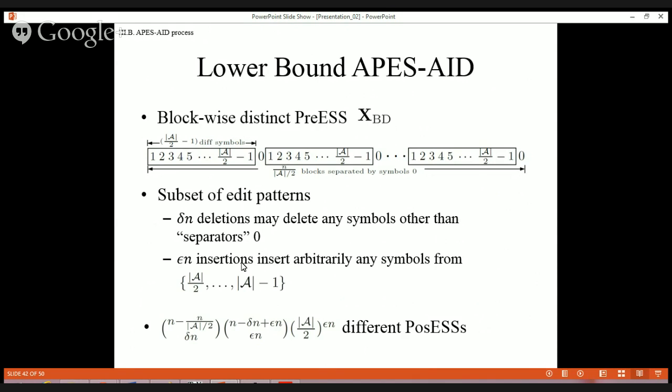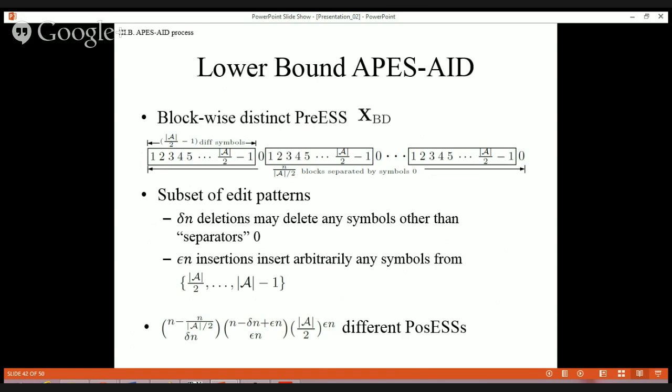And the epsilon n insertions can insert arbitrarily any symbol from the other half of the alphabet. So this sequence X sub BD, this block-wise distinct sequence, is built using only half of the alphabet, and we insert at arbitrary locations, but only symbols from the other half of the alphabet.